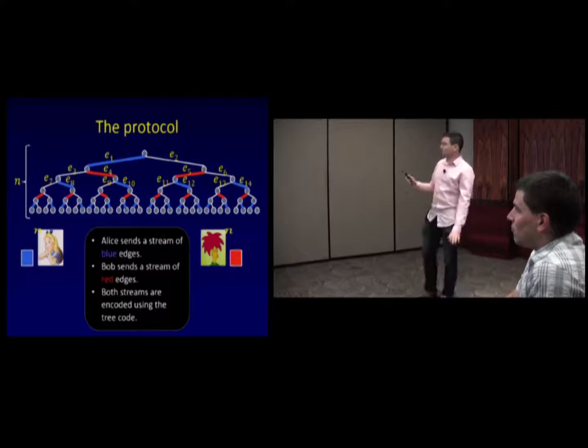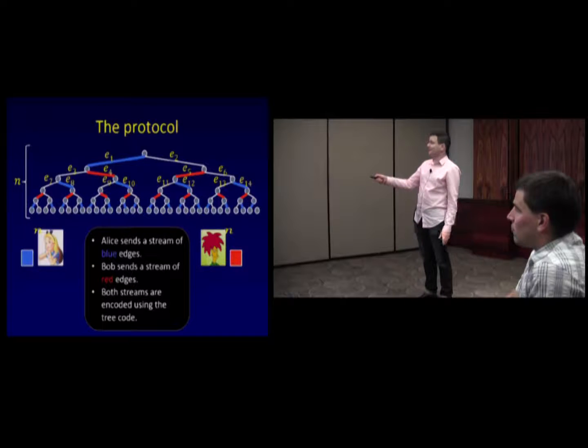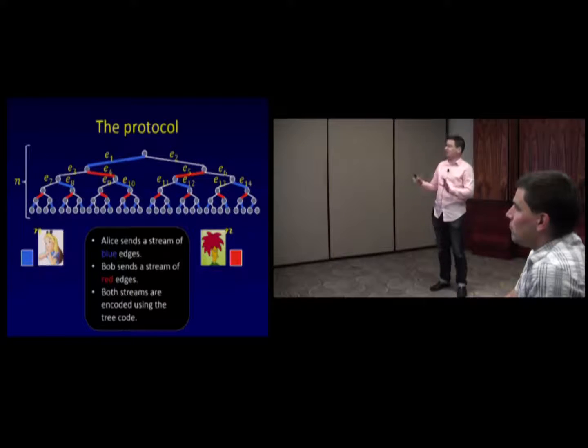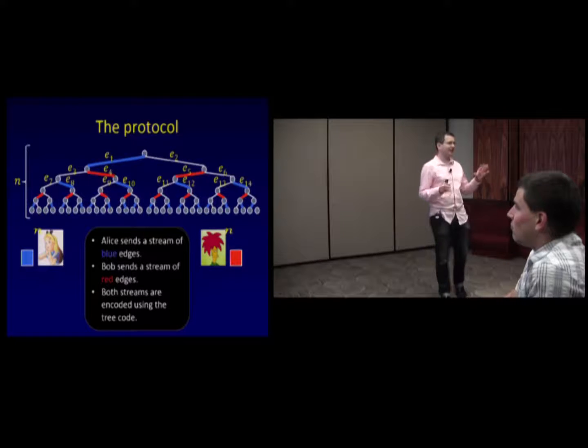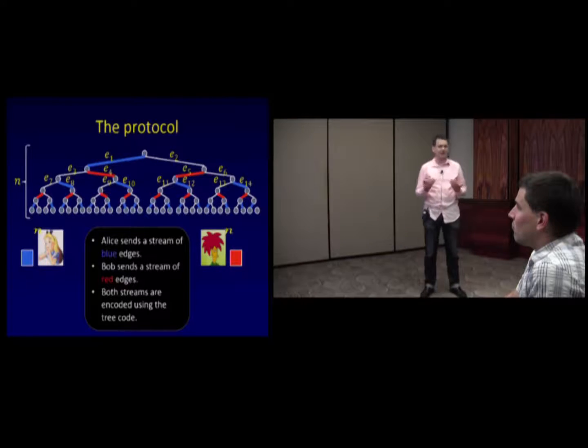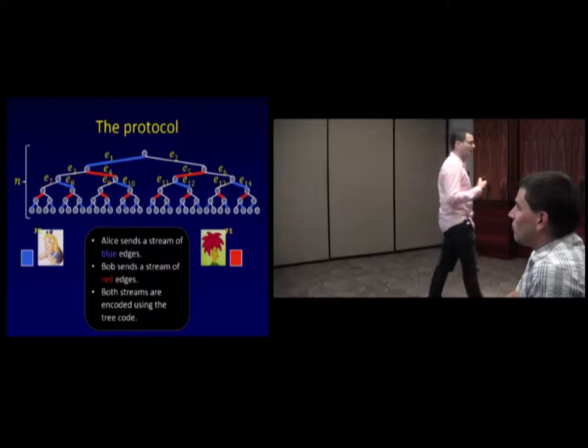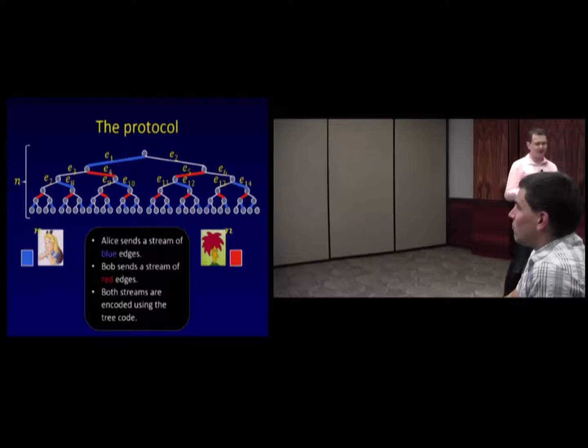Okay, so here is now the protocol. Alice sends a stream of blue edges, and Bob sends a stream of red edges. And they'll never say anything wrong. They'll only say things that are irrelevant, and that's the nice thing. In this rewind-if-error paradigm, you're liable to say things that are wrong.